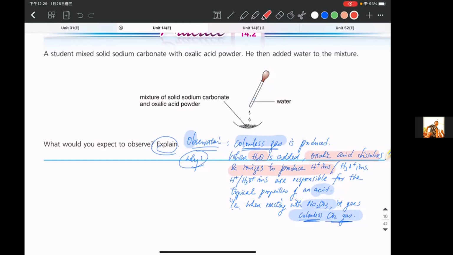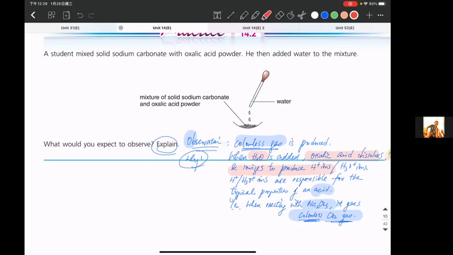Now, during pandemic times, you have done these experiments nearly daily. Even though I'm not in a chemistry lab, we do this experiment daily. Very similar type of reaction.